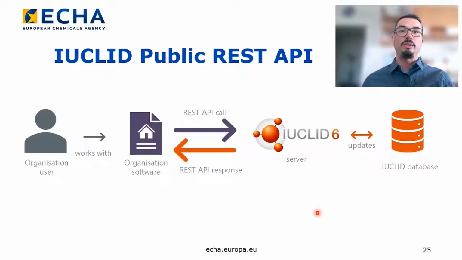This communication is done via this web protocol using what I will call REST API calls. Your software will be requesting data, or requesting to add or modify data, or even asking Euclid to generate a dossier from a given dataset.